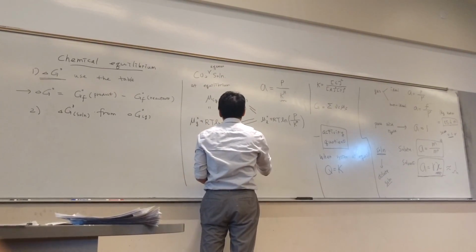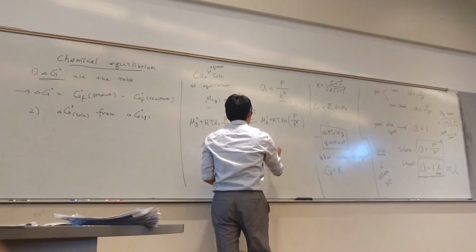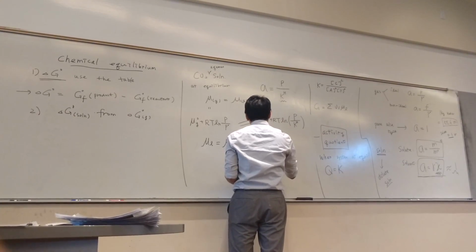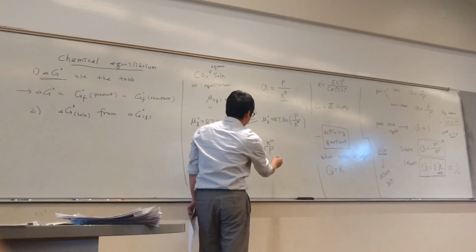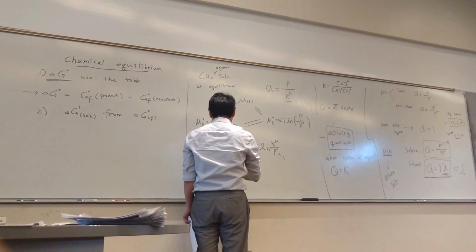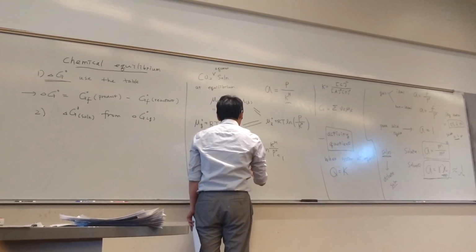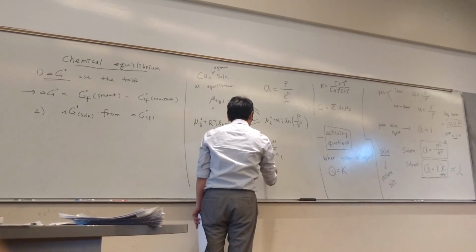So you're going to have plus RT natural log K_H over P naught. And P naught is equal to 1. So this is going to equal mu G naught plus RT natural log K_H.